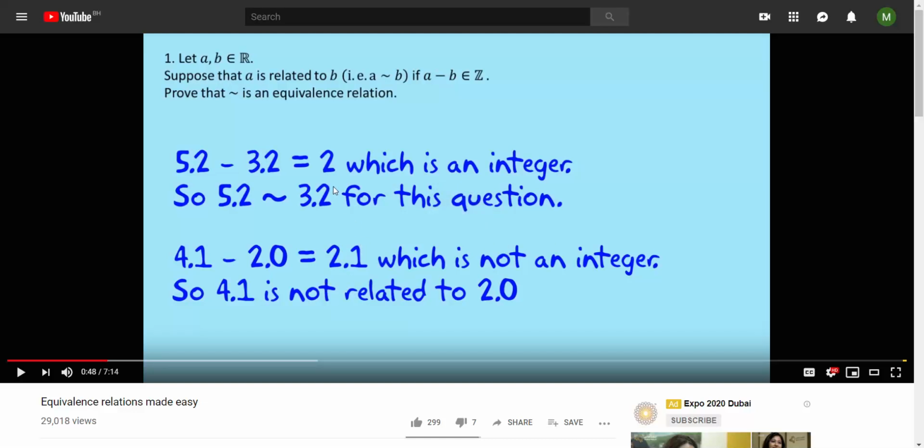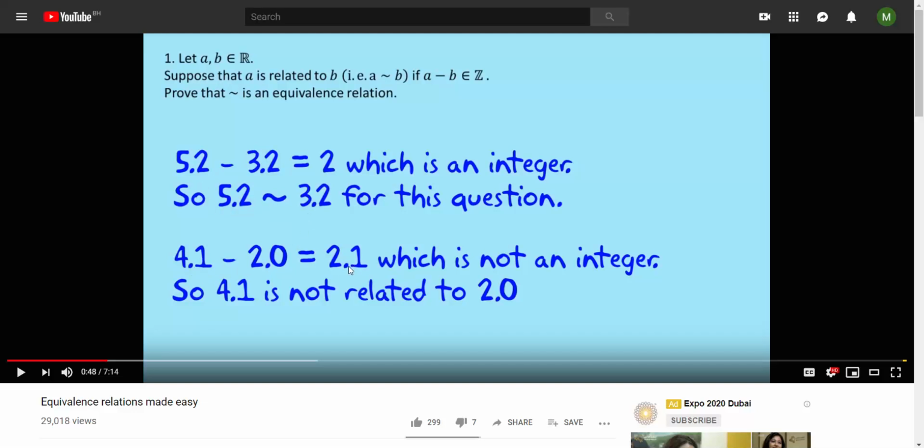So in this case you got 5.2 and minus 3.2, which are real numbers. The subtraction of these two leads us to 2, which is a positive number, a natural number, which is an integer. So Z is the symbol for integers. In that sense, there is a relation between 5.2 and 3.2.